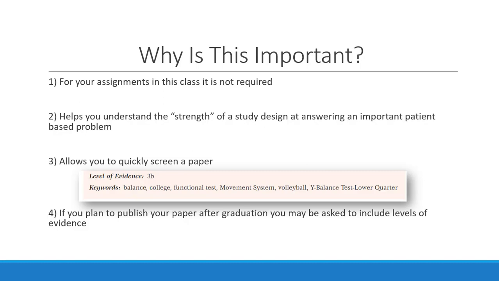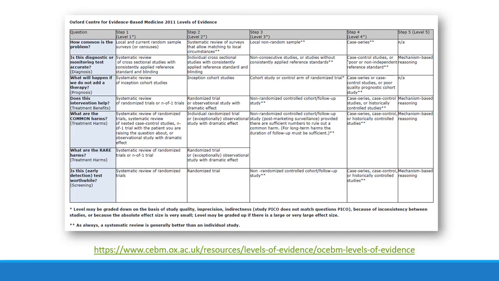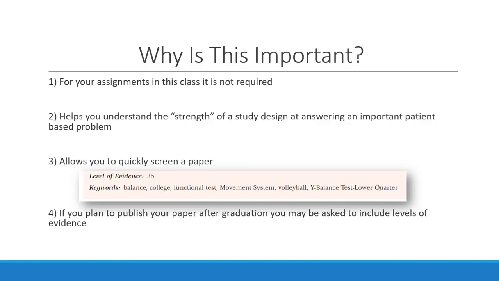Understanding the levels of evidence, this hierarchy here, helps you understand the strength of that study design at answering an important patient-based problem. And it can get you thinking about what are the limitations of the studies that you find. So some of you have some very unique questions. They may not have a lot of randomized controlled trials out there.